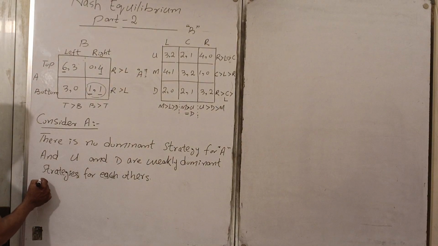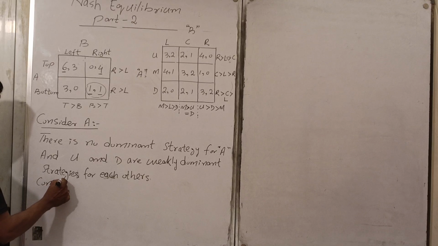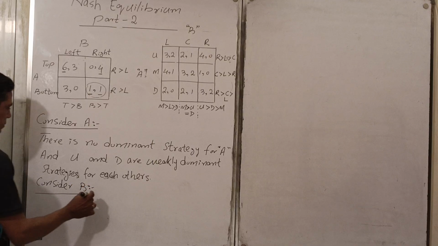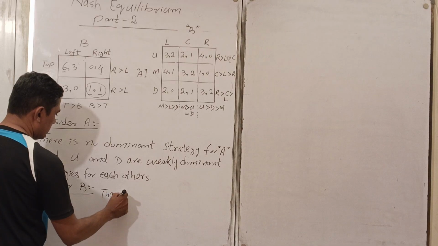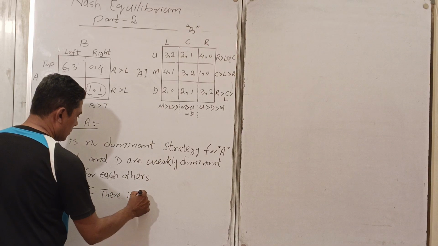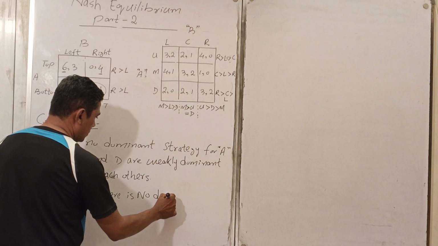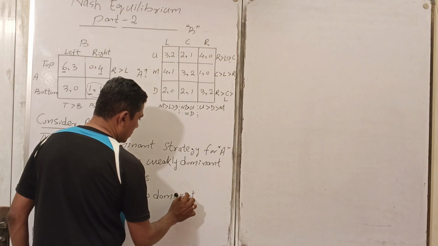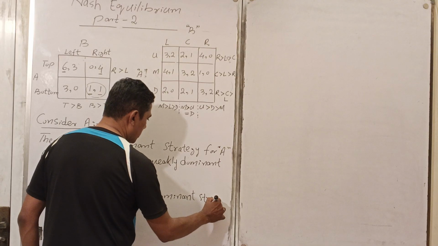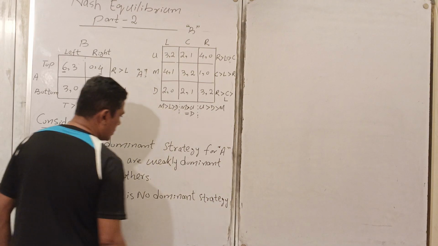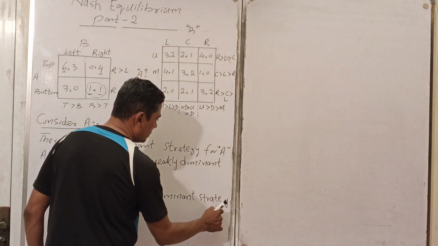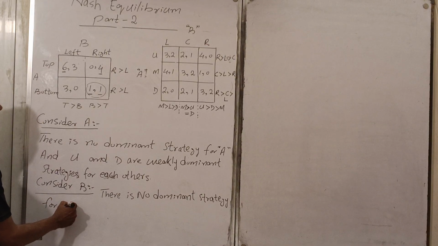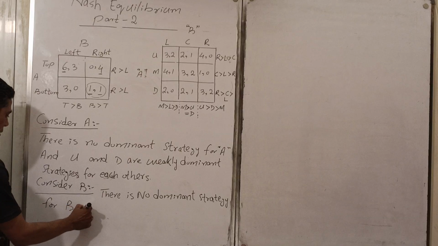So now we conclude here there is no dominant strategy for B as well.